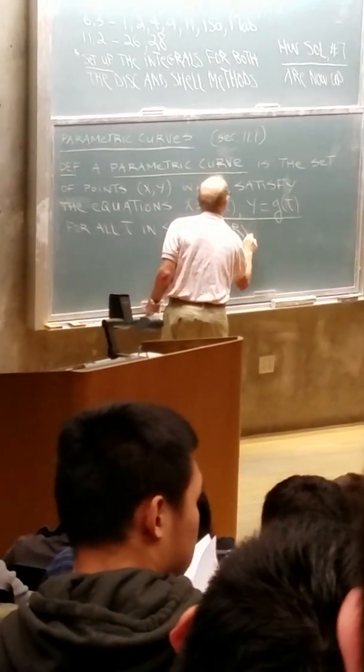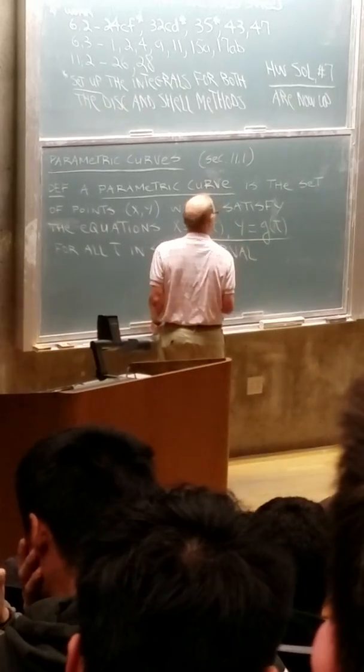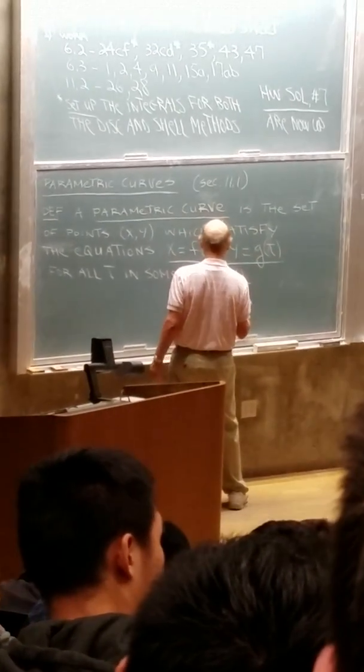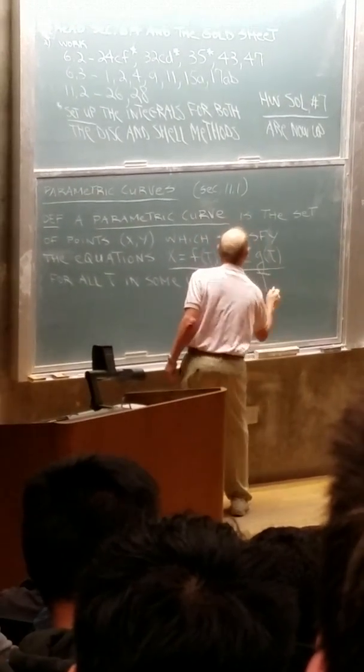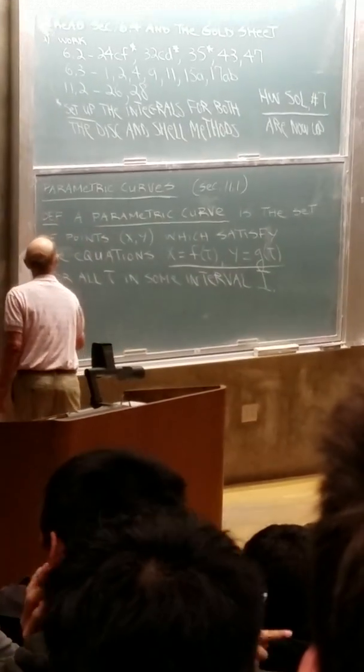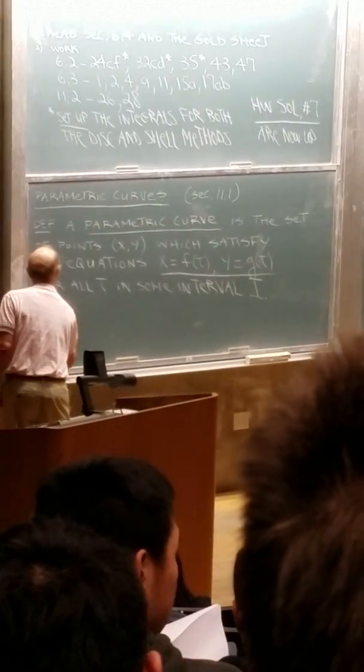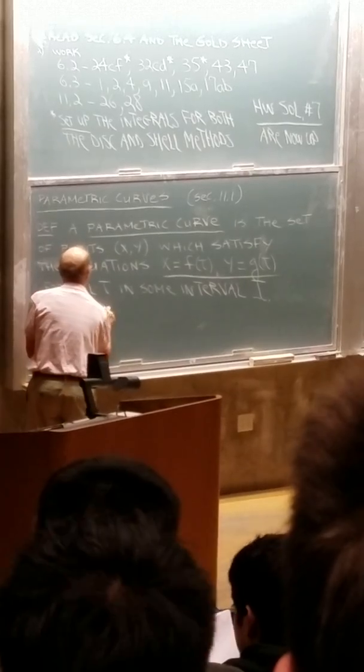So in a parametric curve, x and y are given in terms of a new parameter, t.